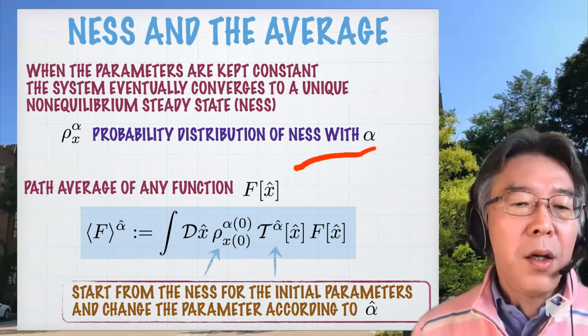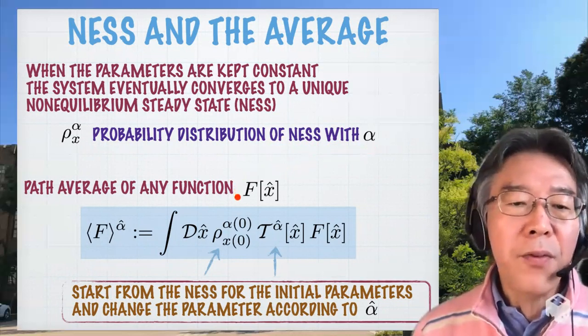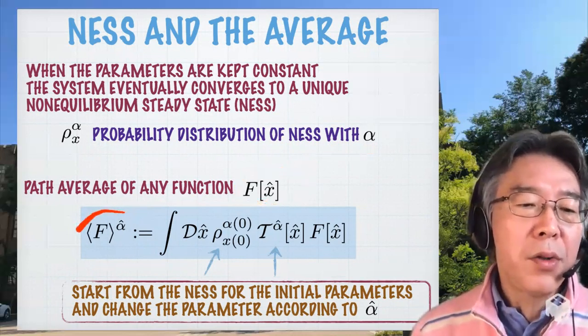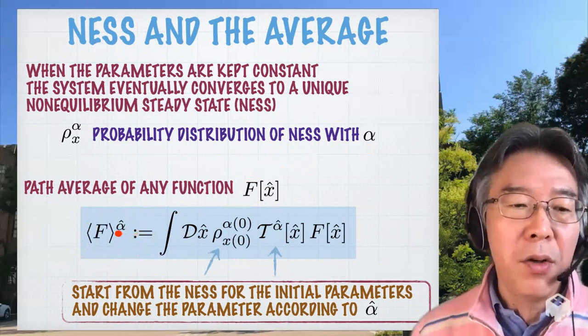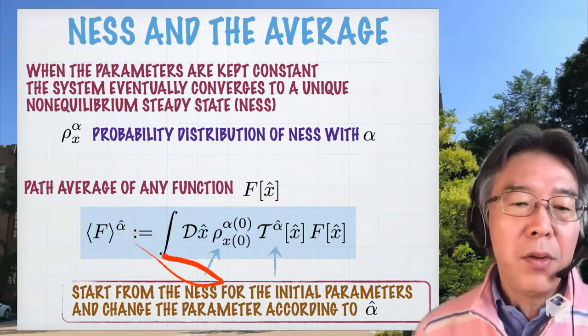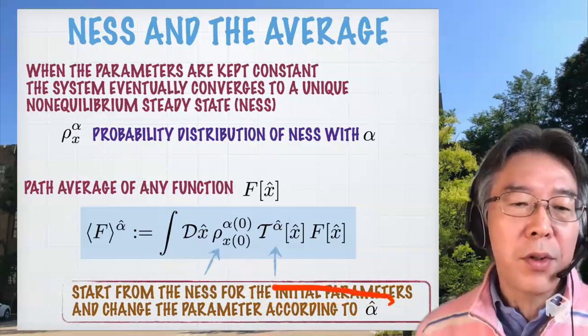Okay. Now, suppose that we are interested in any function f of the path. Then we consider this time average, which depends basically only on this protocol alpha hat. What is this? Well, you start from the NESS for the initial parameters alpha 0.